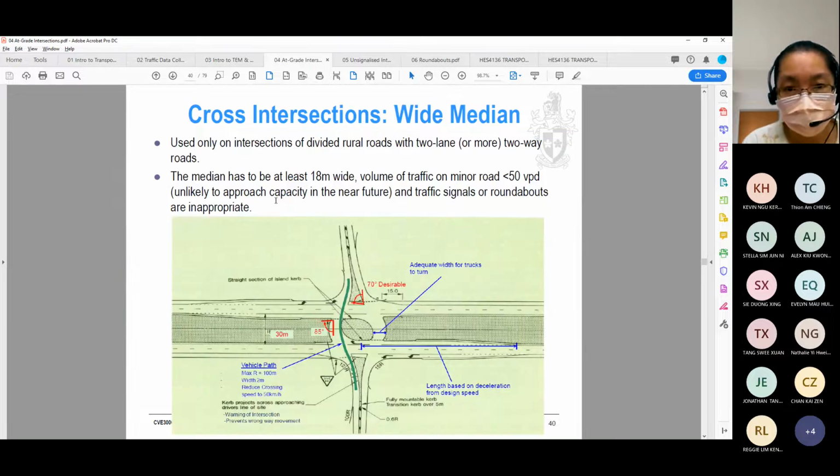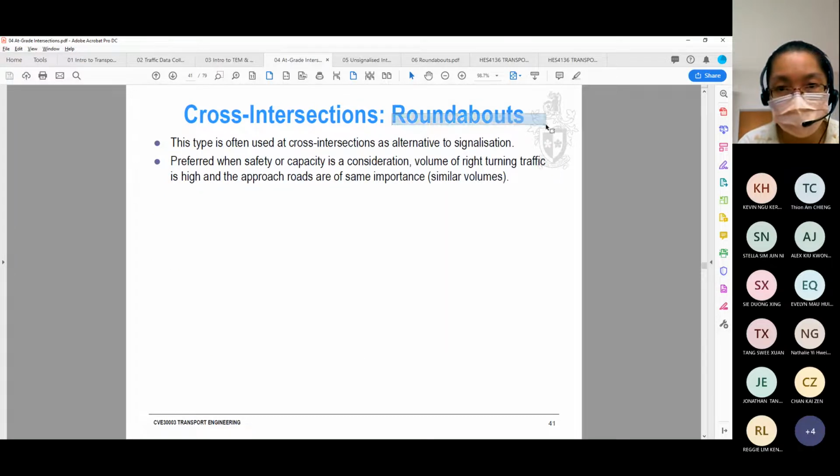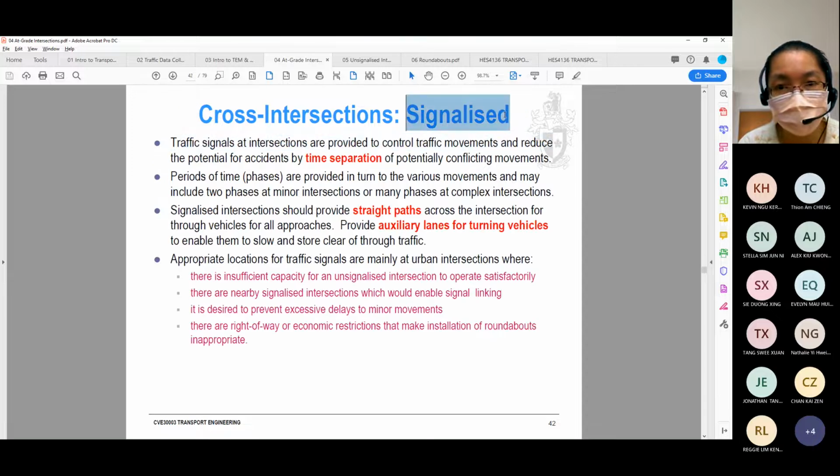Okay, then we have wide median. So this is about 30 meters, a very wide median, and the traffic will be able to cross into the center before they move on to the north. Or we can use either roundabouts or signalized intersections for treatment as well.